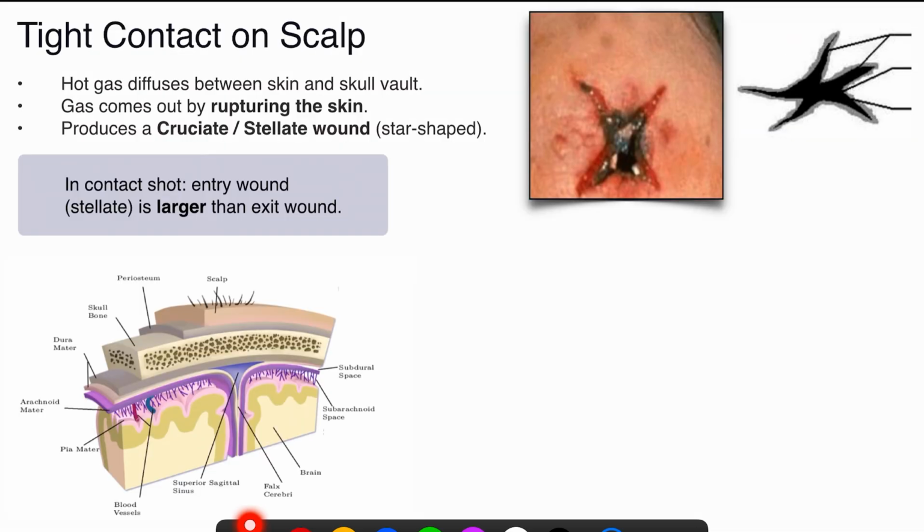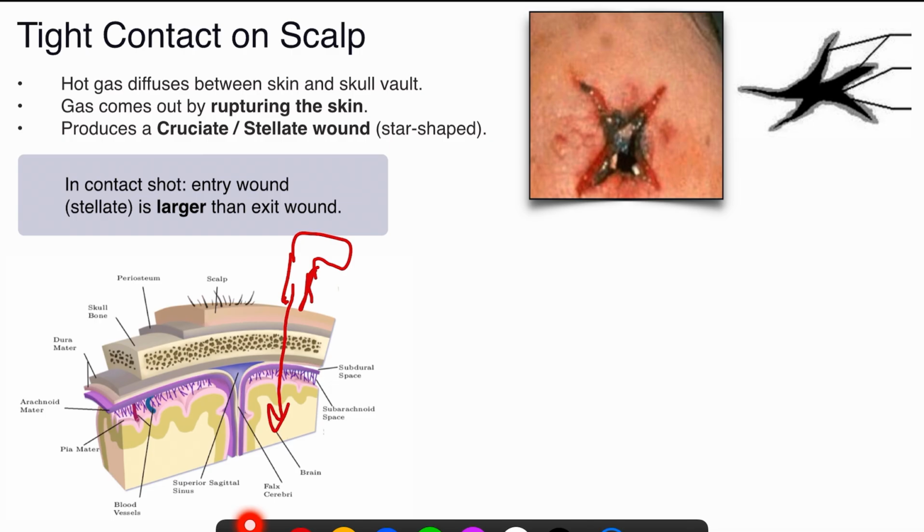Now the tight contact on the scalp. Previously, with all that we studied, there was just a tight contact on any skin surface, but whenever it is specifically the scalp, what happens? See, let's say I have put a gun over here. Now when the gun is fired on the scalp, the bullet is going all the way, but the gas expands due to this high force.